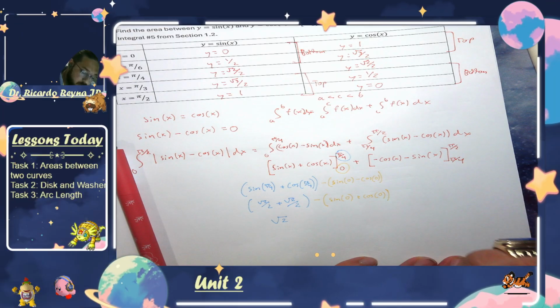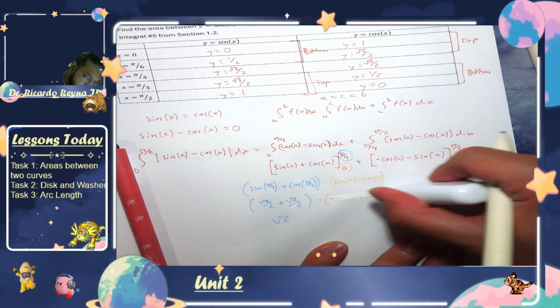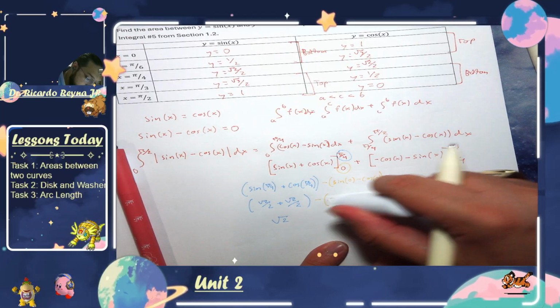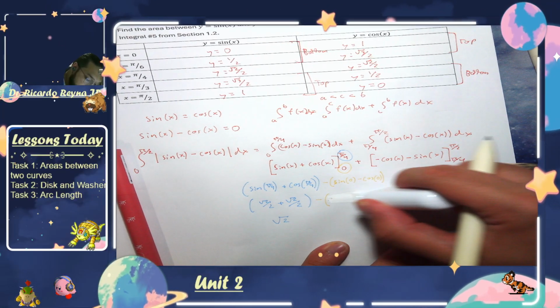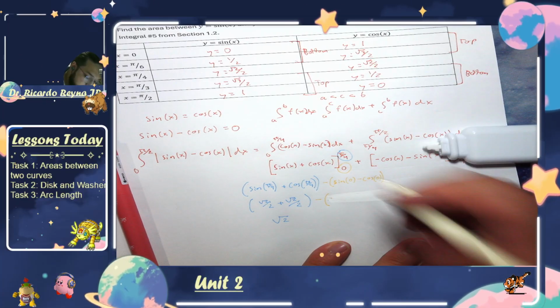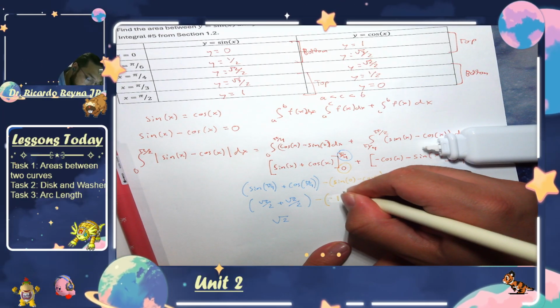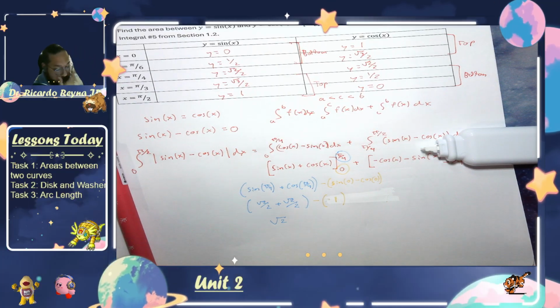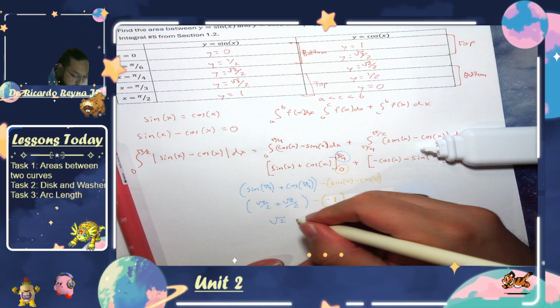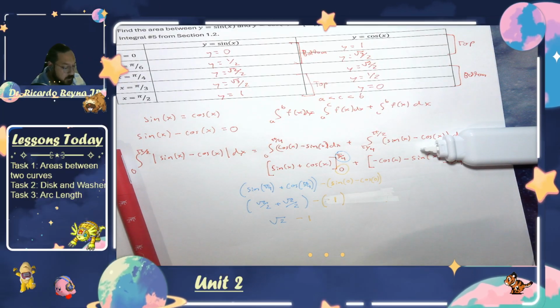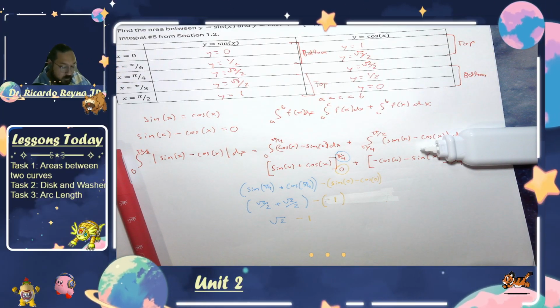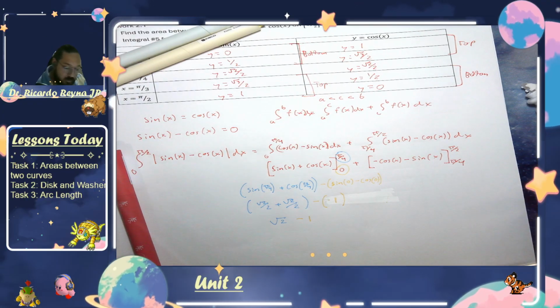So that's going to be sine of 0 is 0, and then cosine of 0 is 1. So that's just going to be a minus 1. And then we'll do this other integral result.